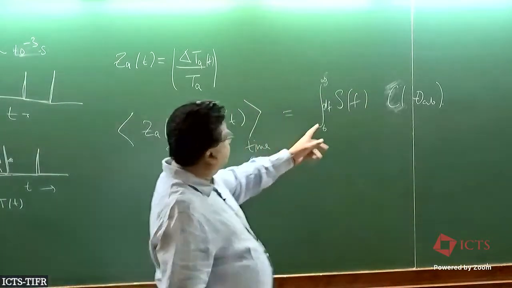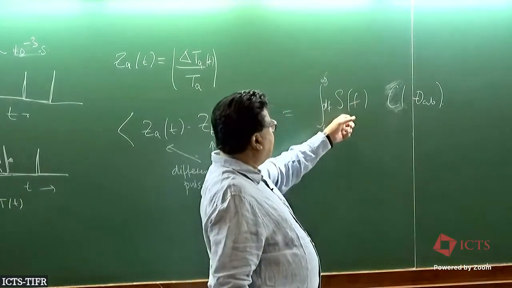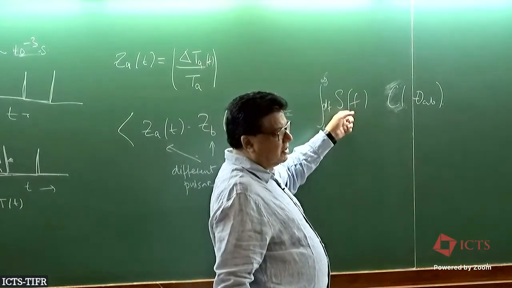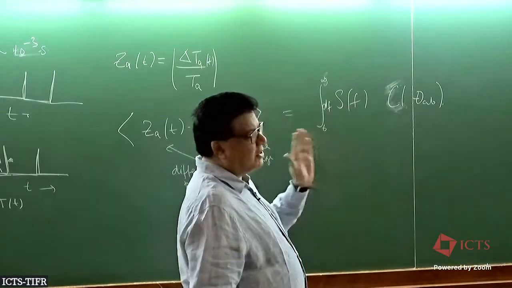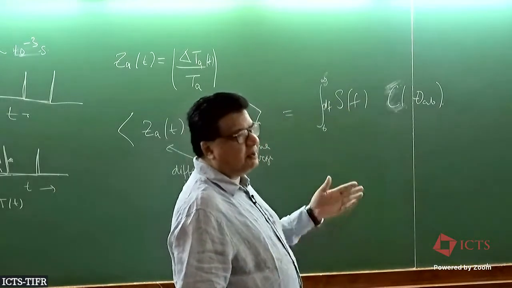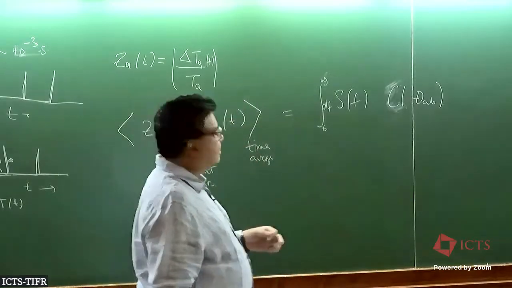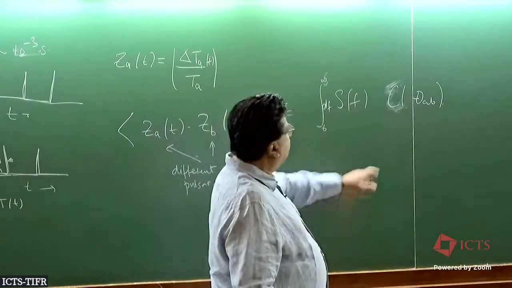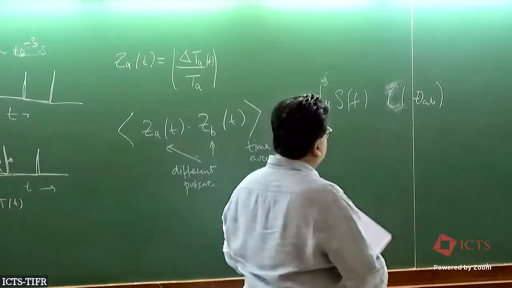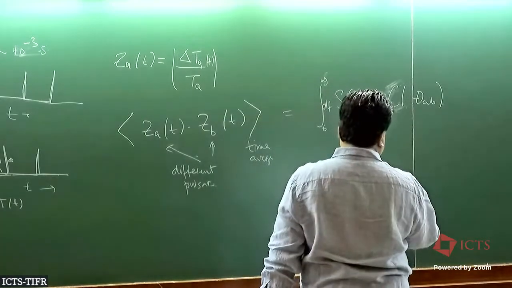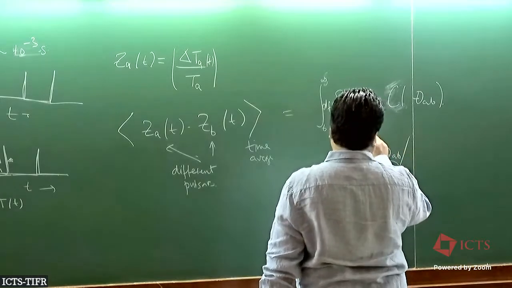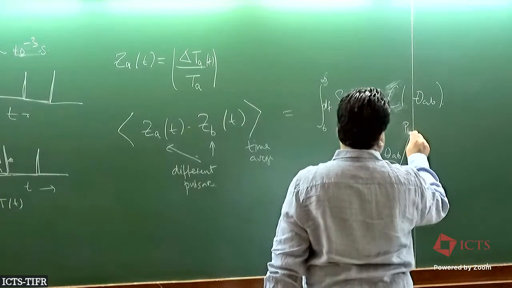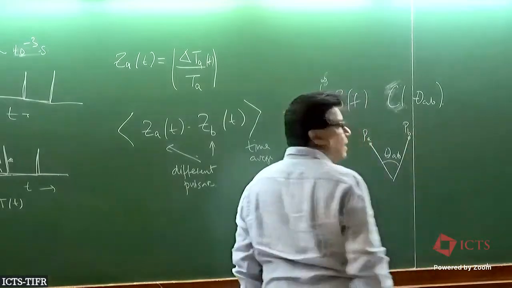One is the power spectrum of the gravitational wave, that is, the amplitude of each wave at different frequencies, which I'll explain later. The other is a function of the angle between the two pulsars, theta AB, where this is pulsar A and this is pulsar B.